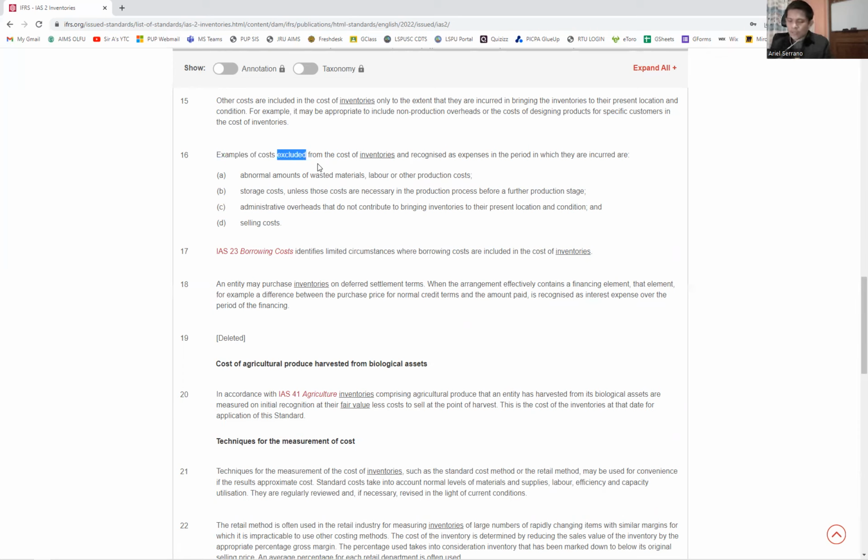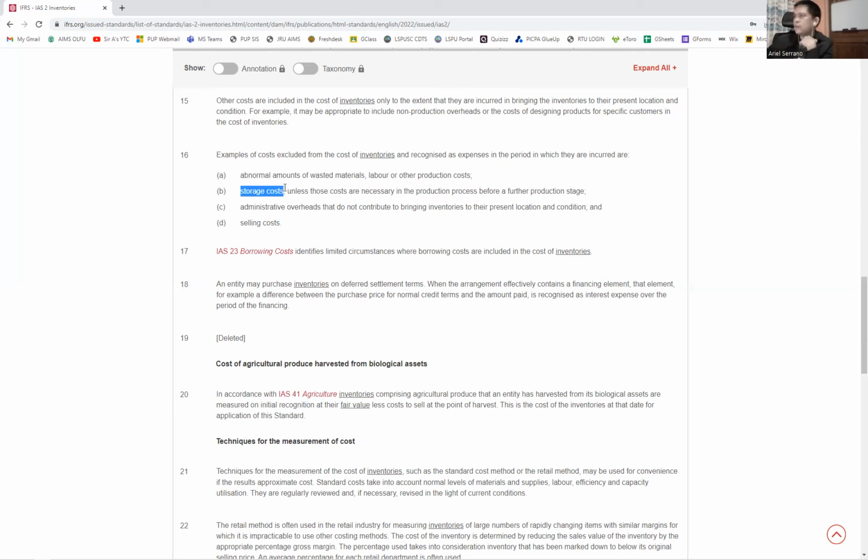So pag excluded, hindi dapat isinasama. And it will be treated na separate. Okay? And recognized as expenses in the period in which they are incurred. Abnormal amounts of wasted material, labor, or other production costs. Hindi po yan part of inventory. Abnormal amounts. Okay? Storage cost.